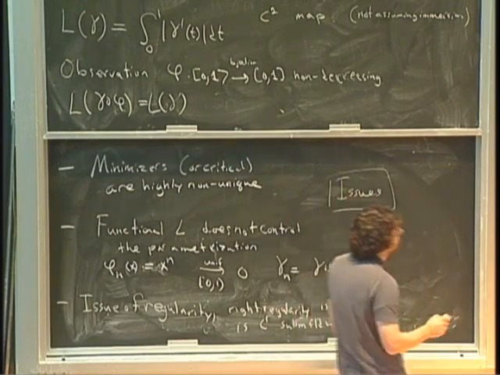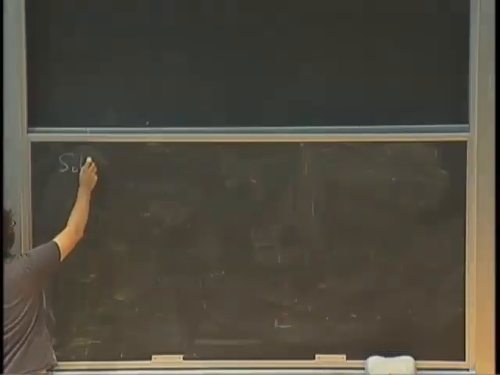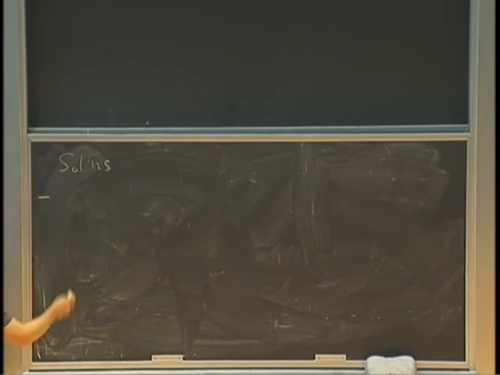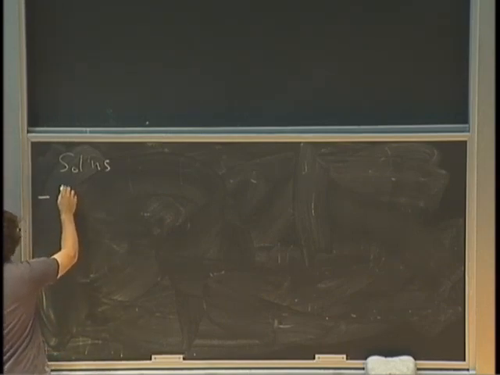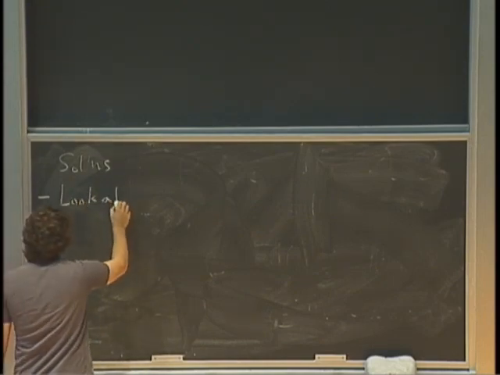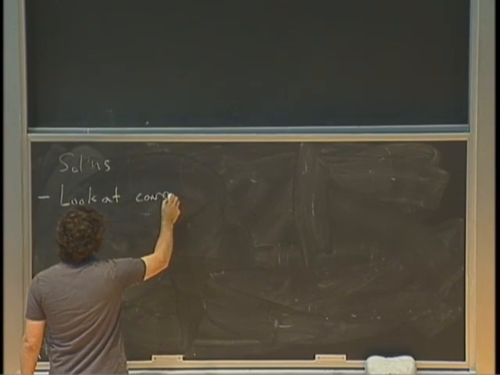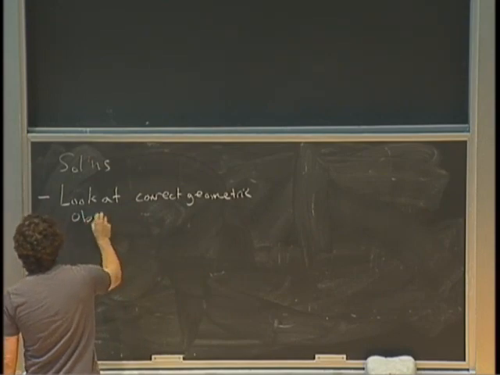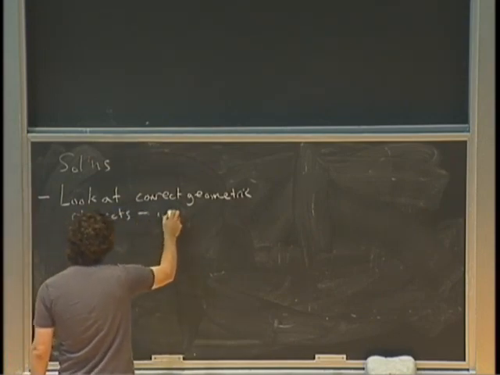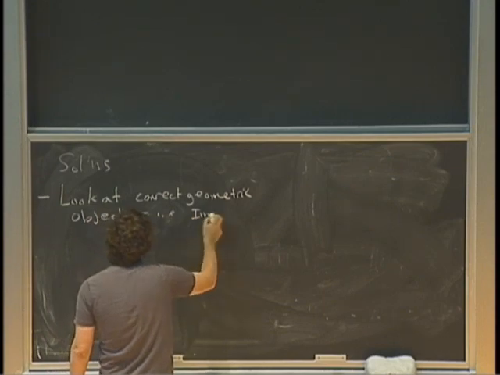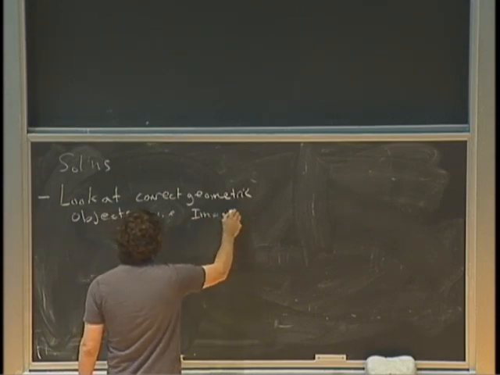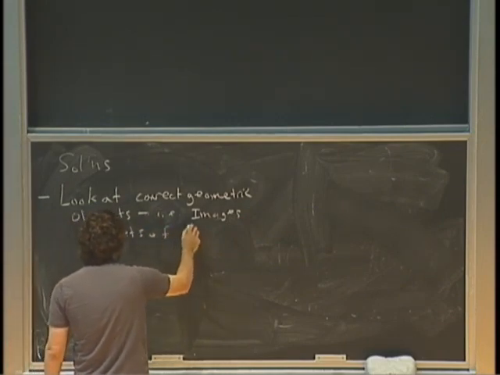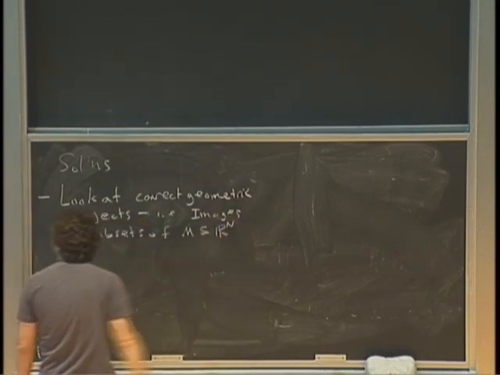Okay, so what are the solutions? There are two points of view you could take. The first, which we won't talk about, is to look at the correct geometric objects, in this case the images, which are subsets of M or subsets of Rn.